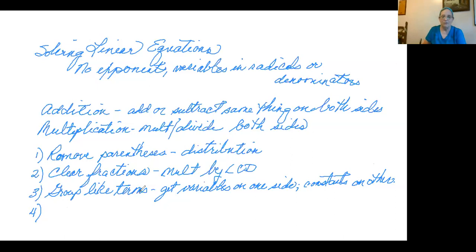Once you group all of your like terms on one side, that's going to leave you something x equals something. So at that point, your last step is to divide by the coefficient, whatever your variable is multiplied by. And that's just going to leave you with x equals some number.